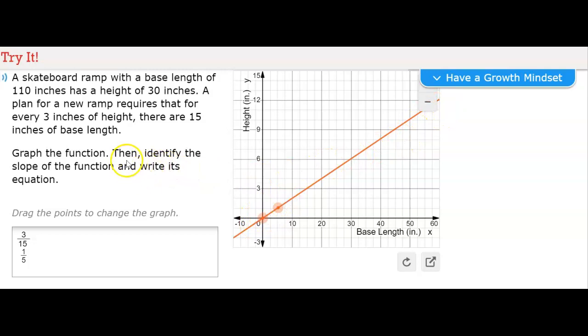And so it says identify the slope, which we did, and then we have to write the equation.